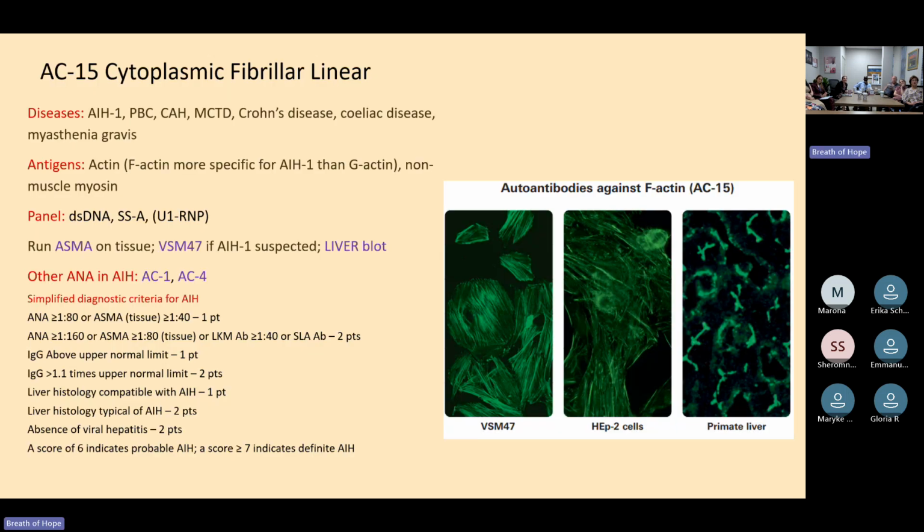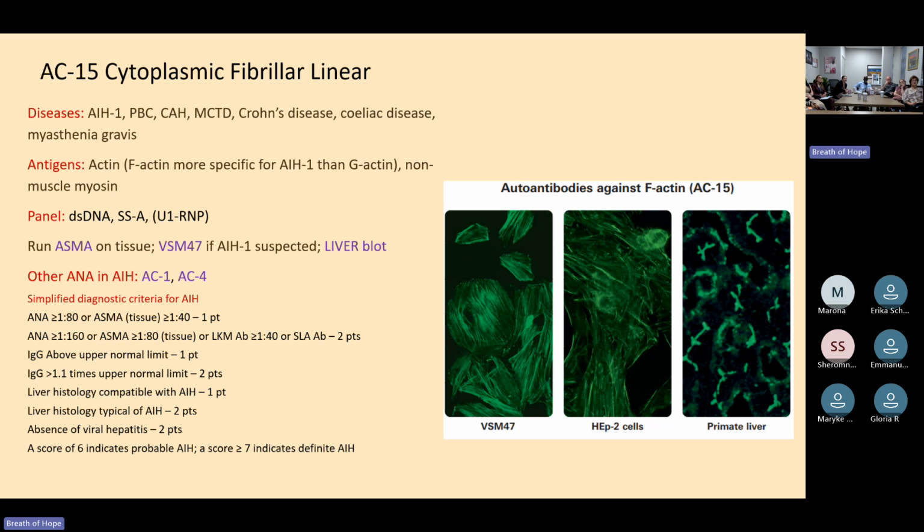All right, so this is your AC15, and as I've mentioned, you find it in autoimmune hepatitis, but also with quite a few other diseases. We don't have an ELISA test or an enzyme immunoassay for this. So here we actually have to look for the smooth muscle on tissue. You can see it looks like this on the Hep2, and then on the primate liver, it's got what they call chicken's feet.